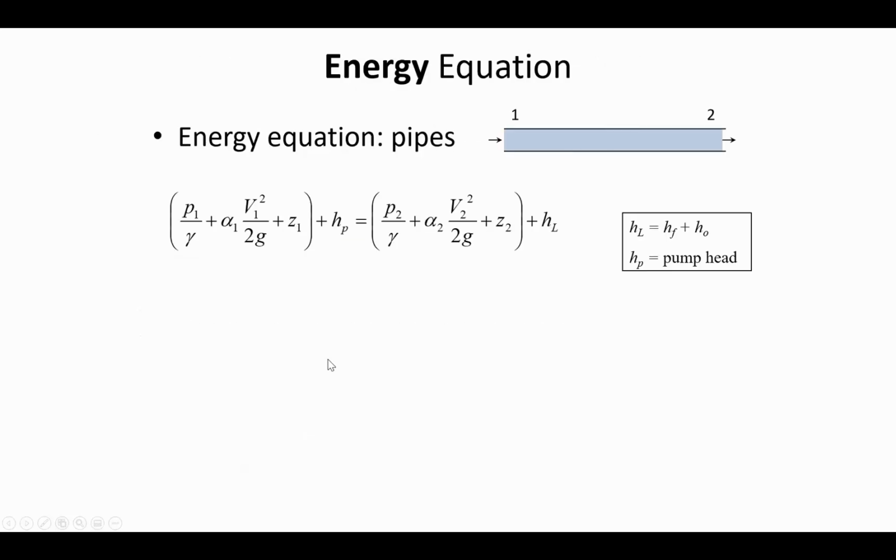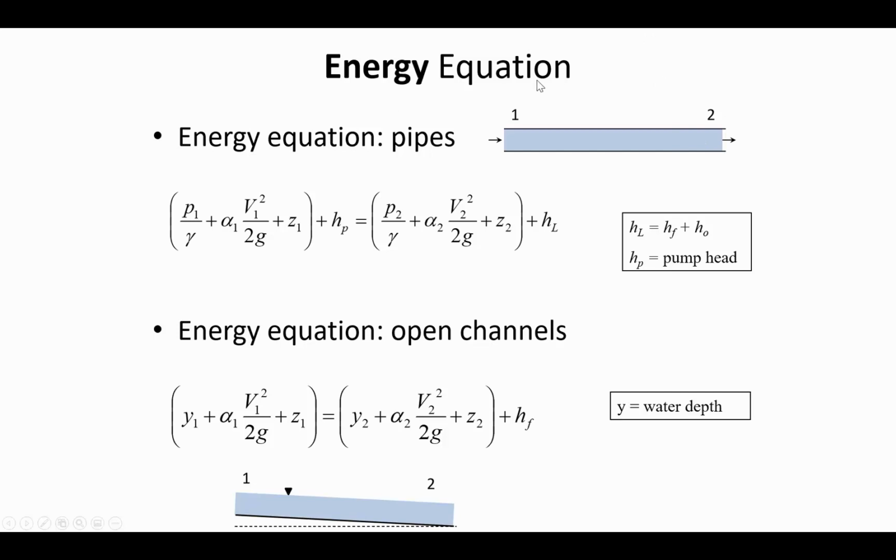Okay, so whereas when we were working with pipes, we used this energy equation. In a pipe, you can have a pump, and the losses were differentiated into the friction losses and the local losses. This was our energy equation if we had a pipe. In open channels, things are a little bit different.